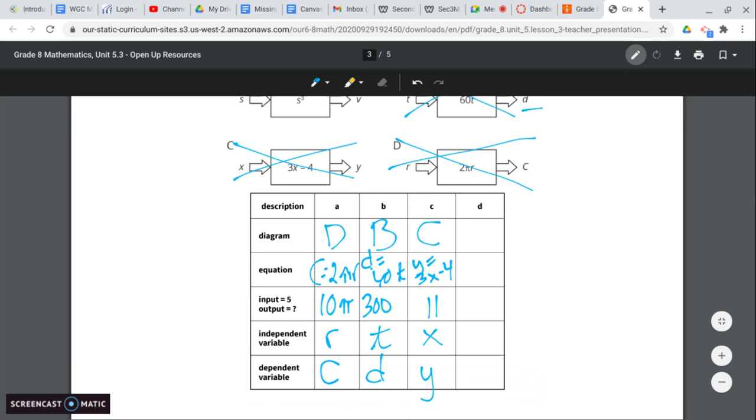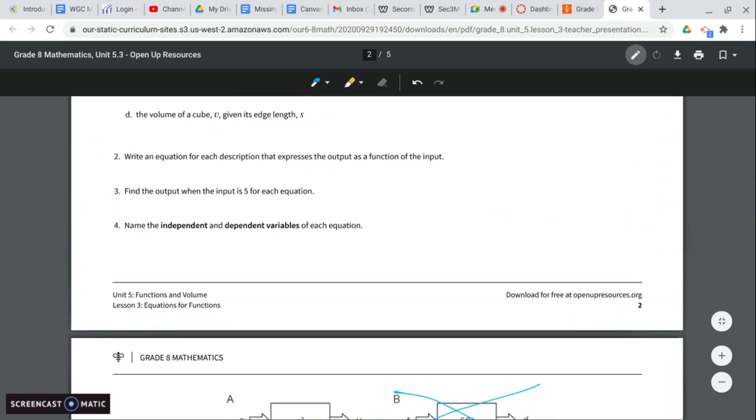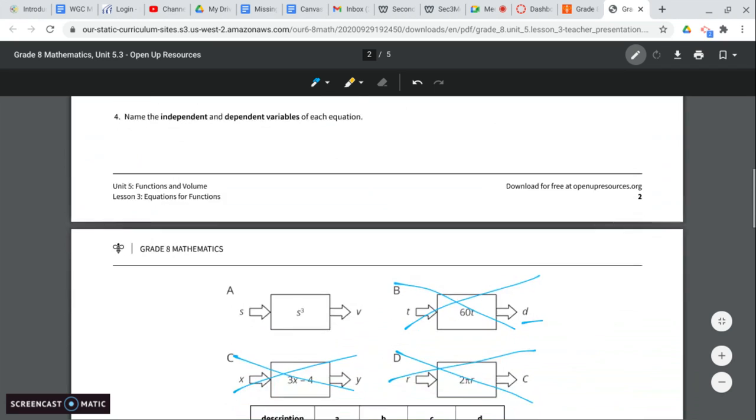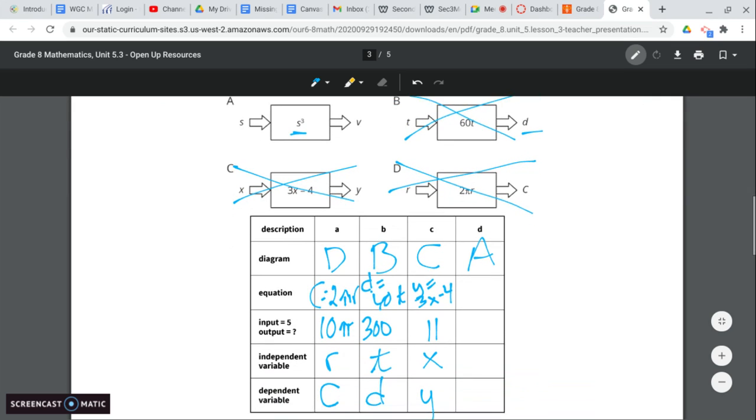All right, and last but not least, description D, the volume of a cube V when its edge length is S, which by process of elimination is A. But if we notice S to the third power, that's how we find volume. So V equals S to the third.